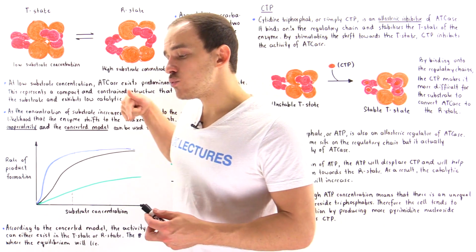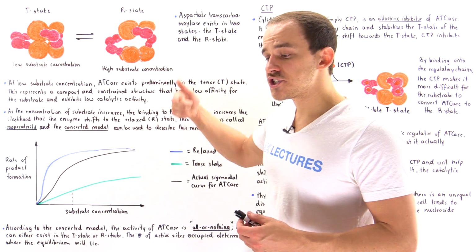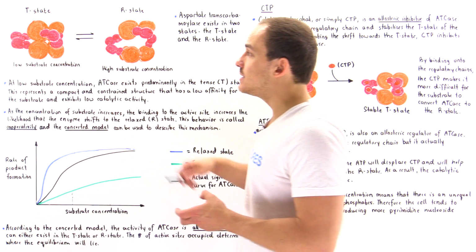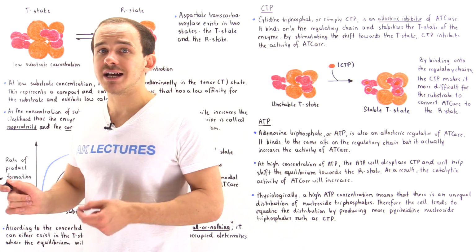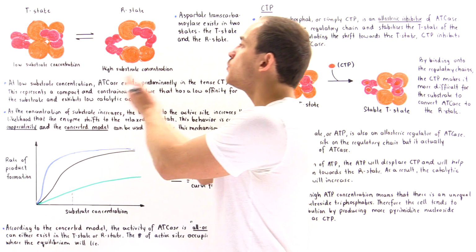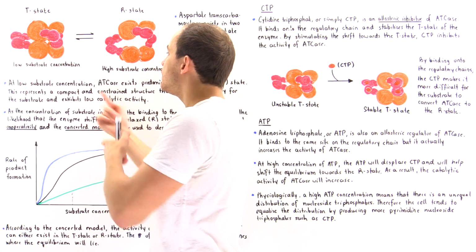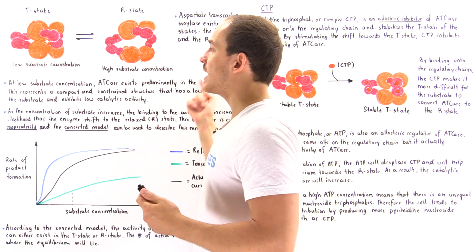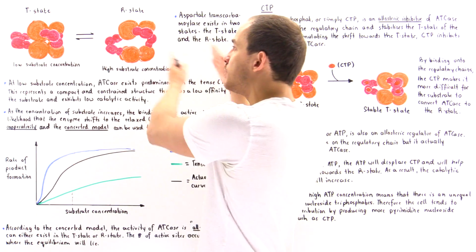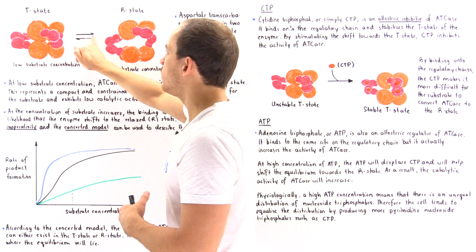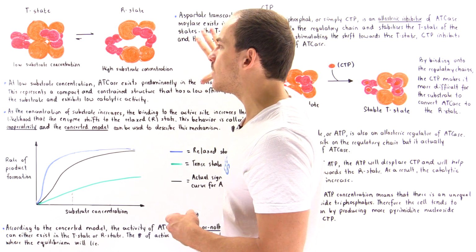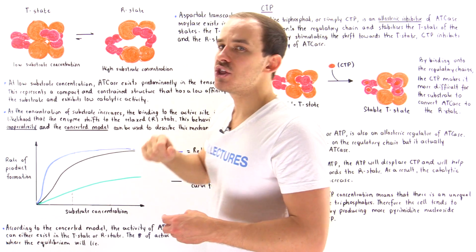And so as we increase the concentration of the substrate even more, more of those substrate molecules begin to bind onto the active sites, and eventually that shifts the entire curve to the right side. And at a very high substrate concentration inside our cells, the entire curve will be shifted this way. This area will be very, very small, and so this enzyme will exist predominantly in the R state.